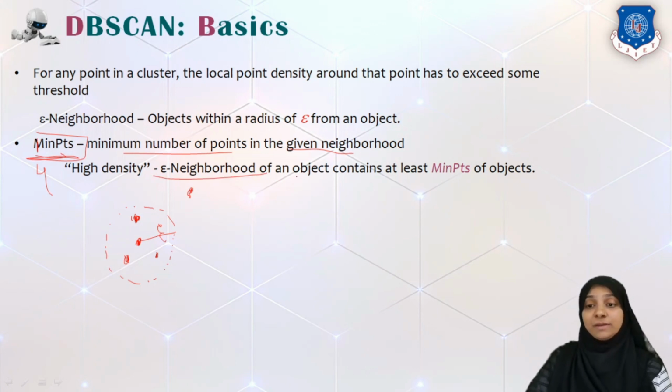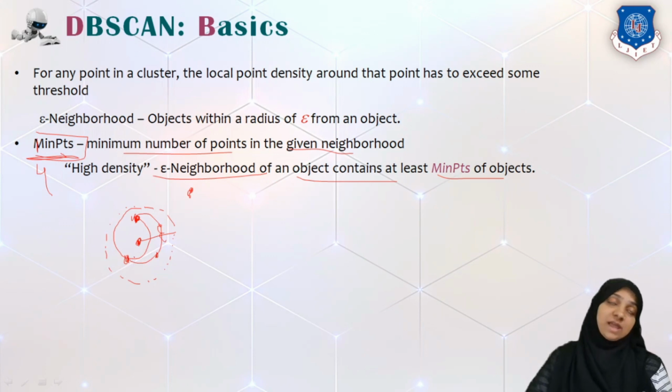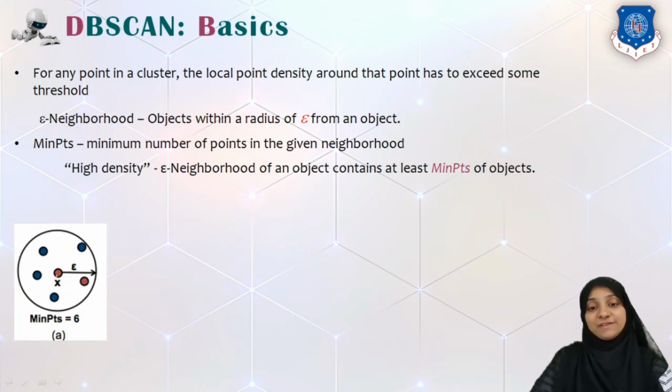So this is nothing but the minimum number of points required in a neighborhood. If the epsilon neighborhood of an object contains the minimum points, then this area is called a high density area. In this diagram, this is my core point, and epsilon is a radius within which we measure the nearby values. The nearby area is marked with this circle, and all these points are its neighbor points.